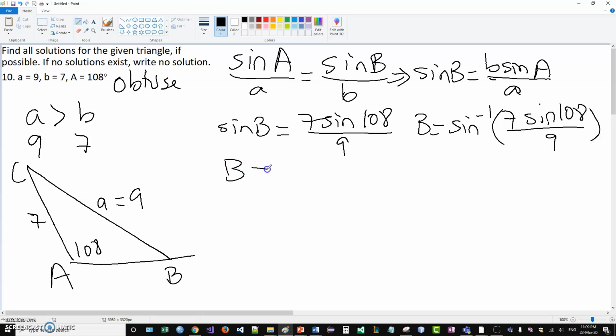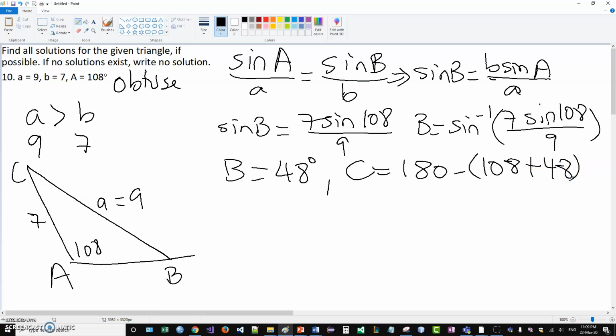That means B equals 48 degrees. Now we can find C. C equals 180 minus 108 plus 48. That will give us 24.